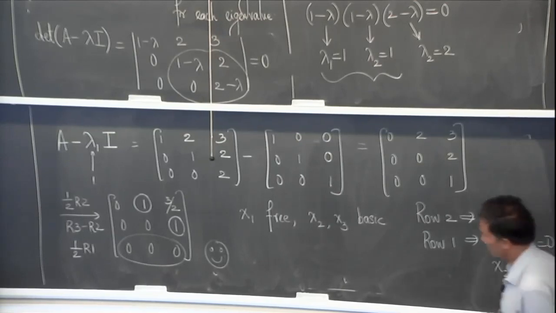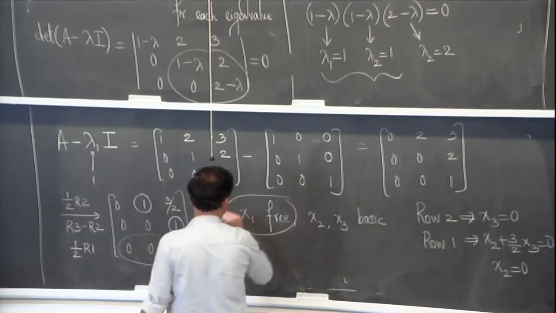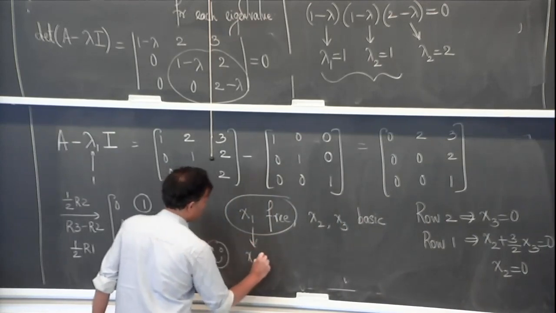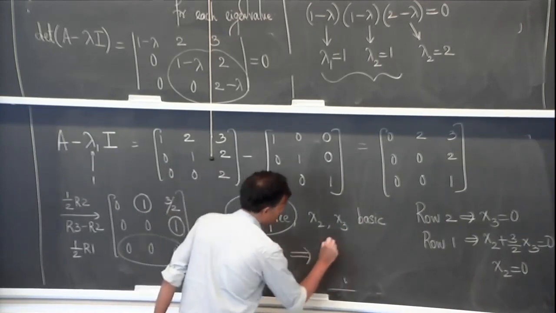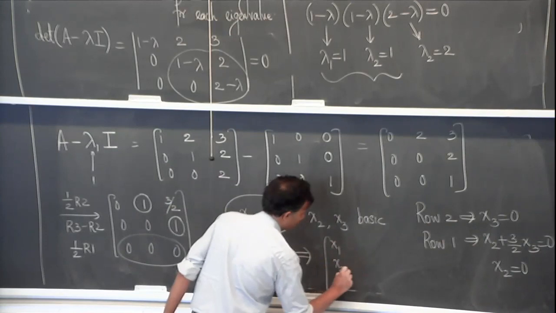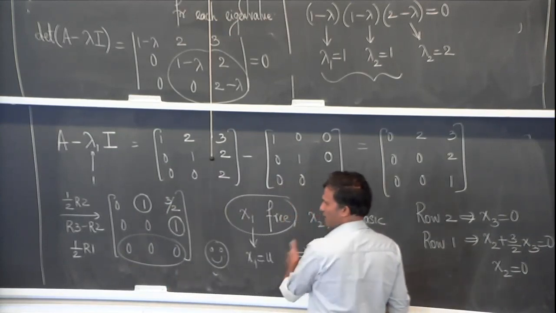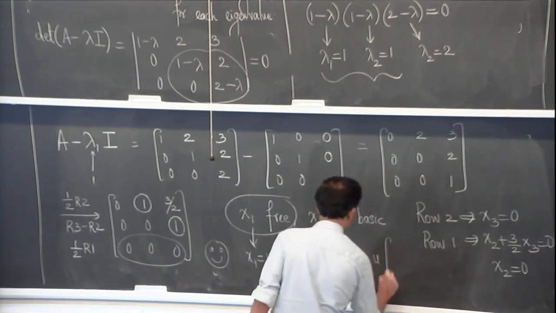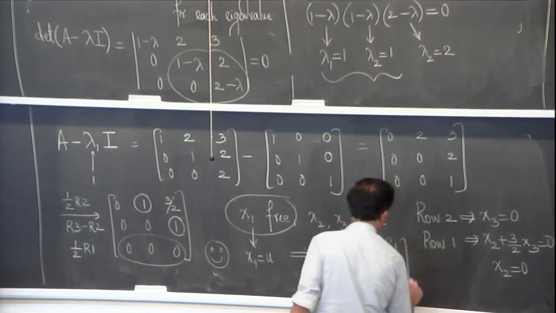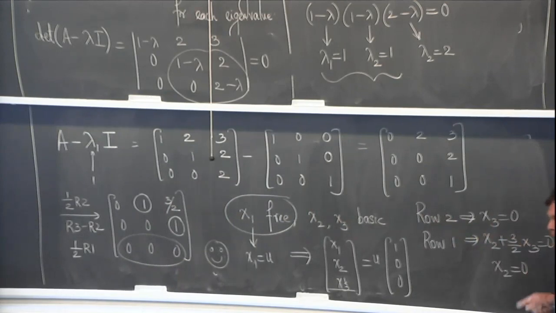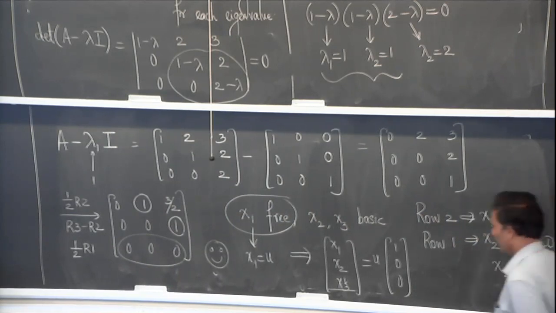X1 is free. Make use of the free variable. X1 equal to U. So X1, X2, X3 equal to U times 1, 0, 0. We cannot have these two guys here. Those are already 0. The only thing that you can somehow play around with is the first variable, which is X1.